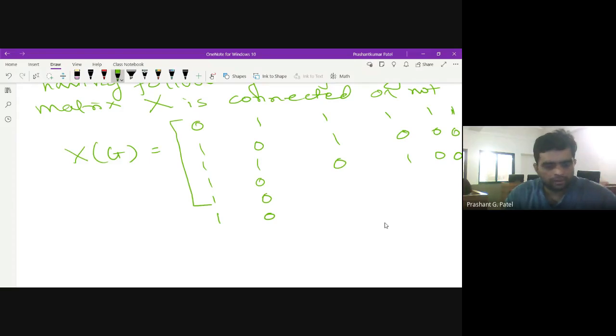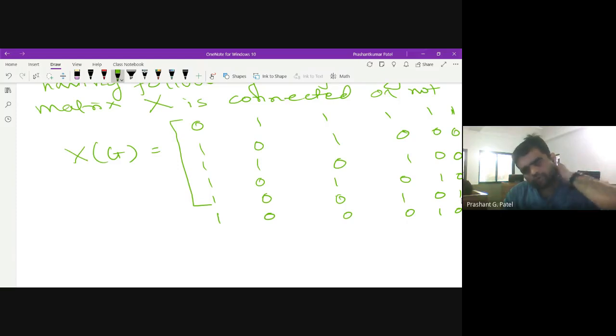This is the third row. Fourth: 1 0 1 0, and 1 1 0. Okay, so this is the matrix you have.